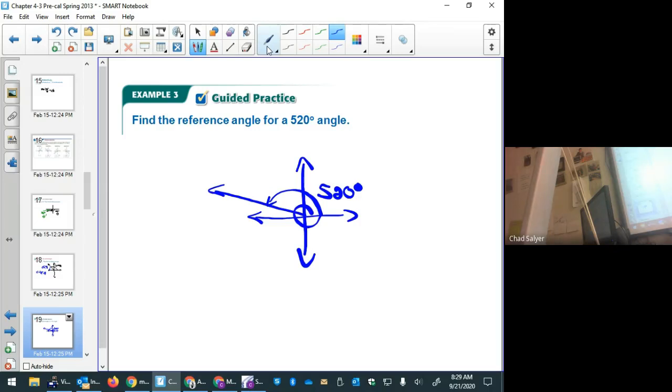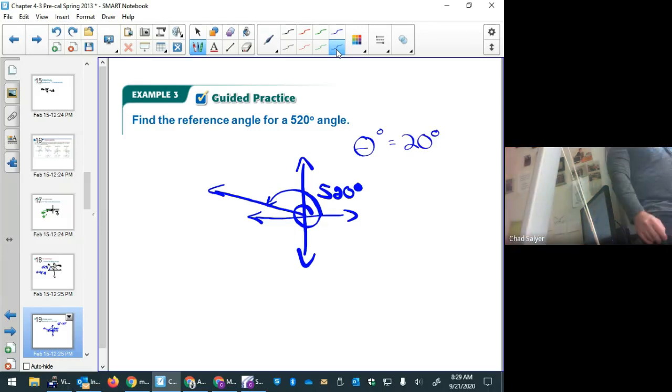So how far would I have to travel to get to the x-axis angular? Okay, so what would my theta prime be in this case? Okay. 20 degrees. Very good. Any questions about that?